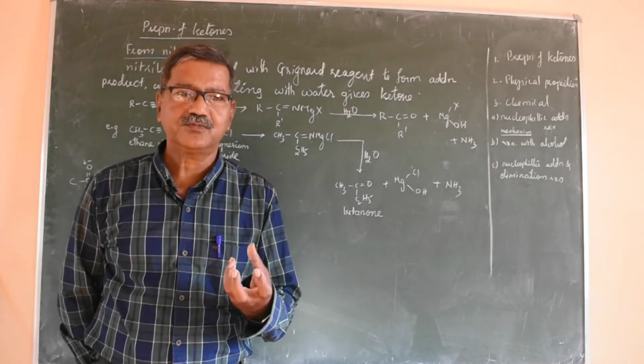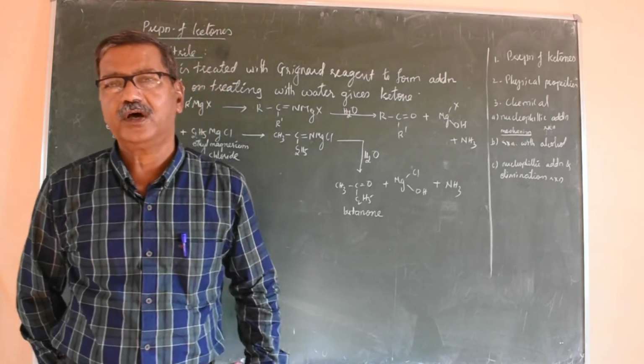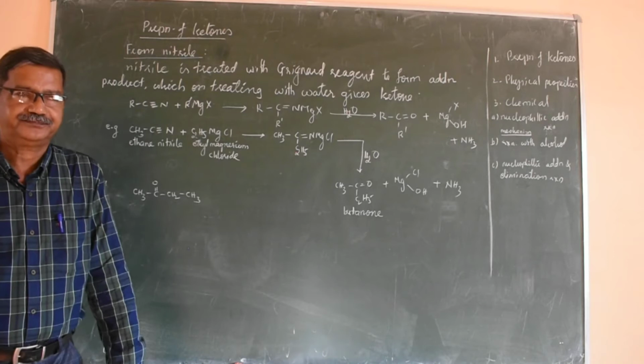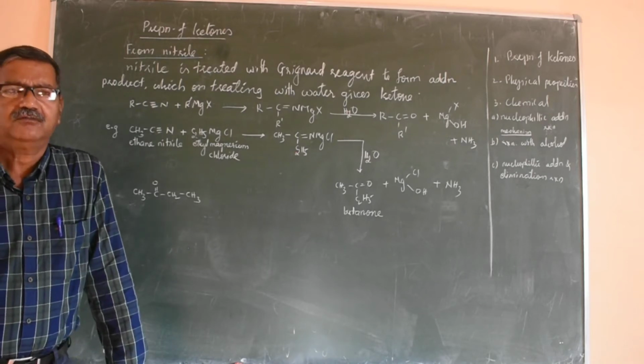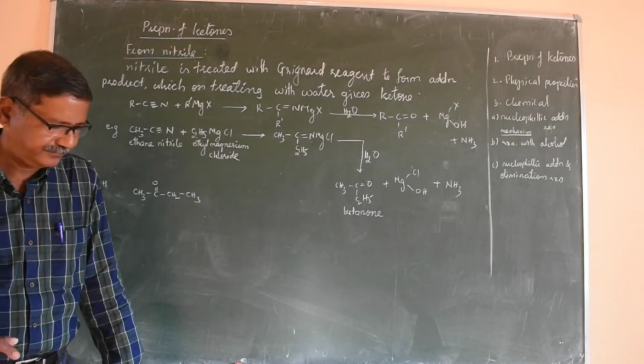Why is the boiling point more? Due to association. Why is there association? Due to the slight polar nature of the C double bond O bond. So this is about boiling point, or sometimes, if it is a solid, the melting point is also greater.